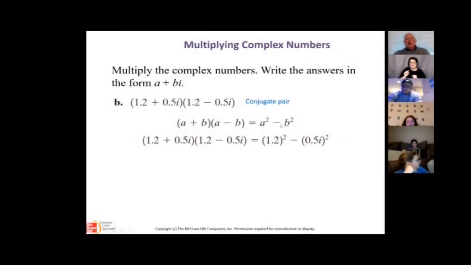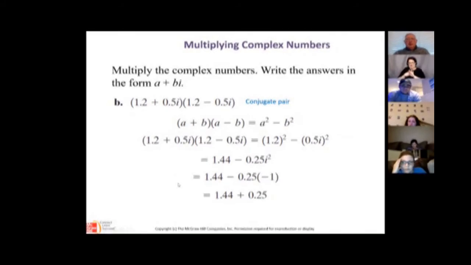And then we're going to take the last term and square it with a minus in the middle. 1.2 squared is 1.44. 0.5i squared is 0.25i squared. Now we convert the i squared to -1, giving us this value, which we can combine, and ultimately our answer is just a simple 1.69. We don't have to show the plus 0i.